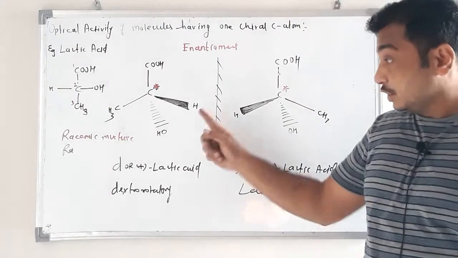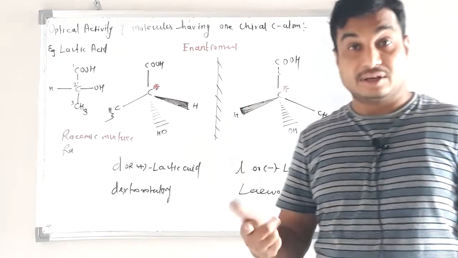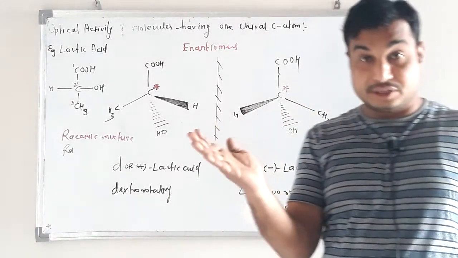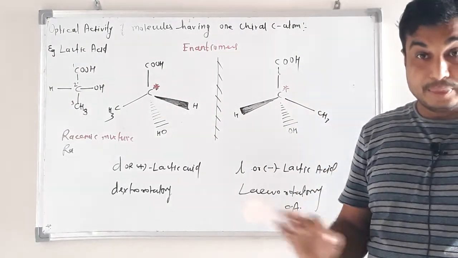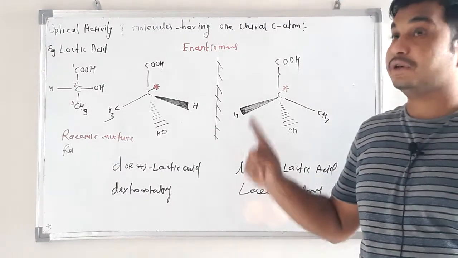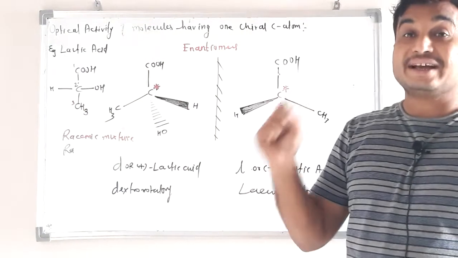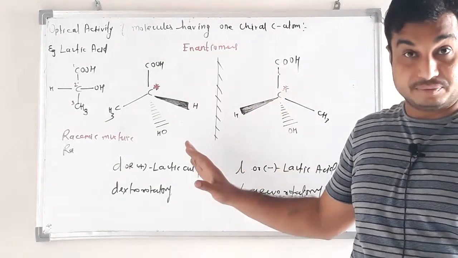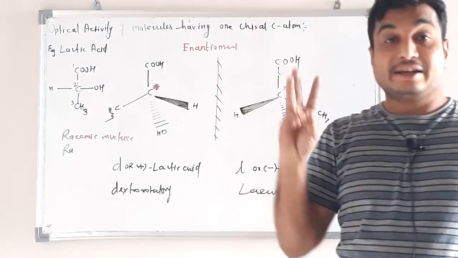That's why these two opposite rotations cancel each other, and the resultant rotation coming out through this mixture is zero. There is no deviation. That's why this racemic mixture is optically inactive due to external compensation. So there are three types of lactic acid.